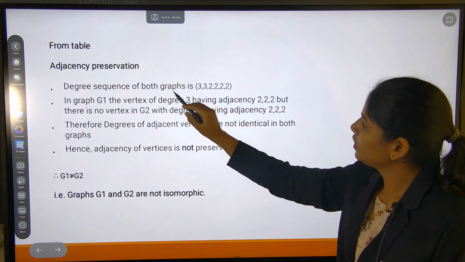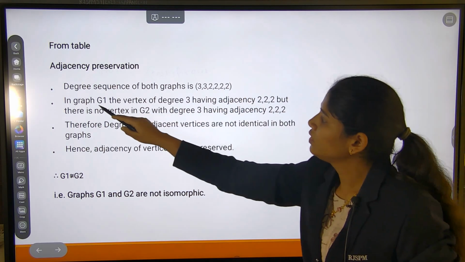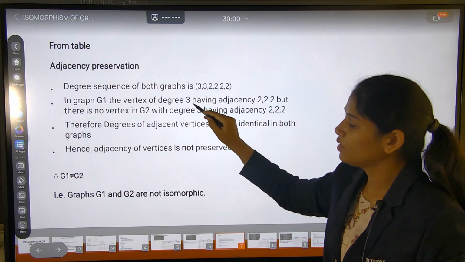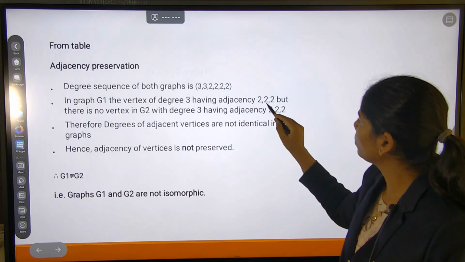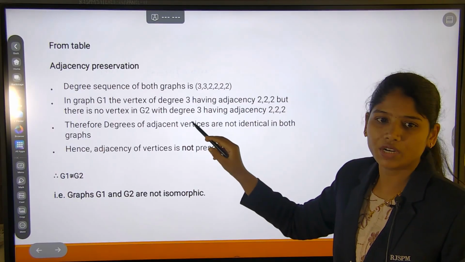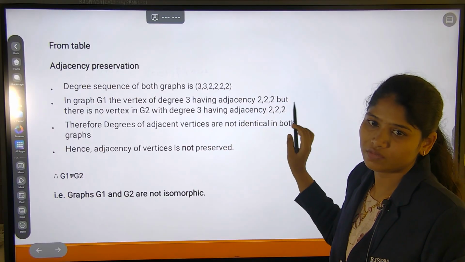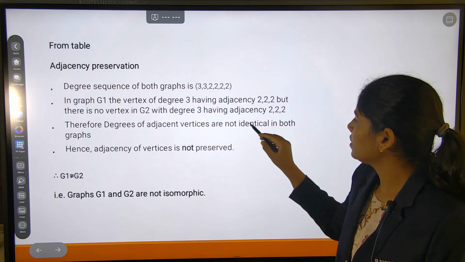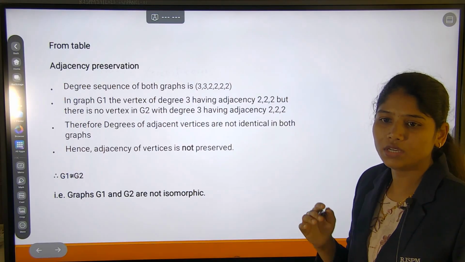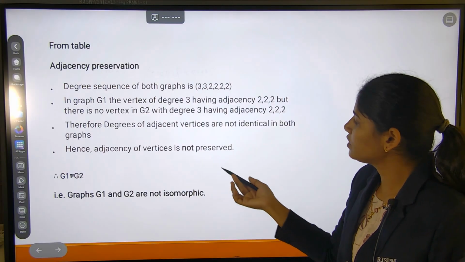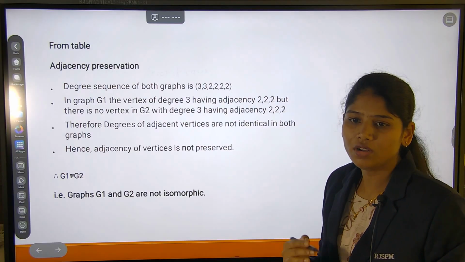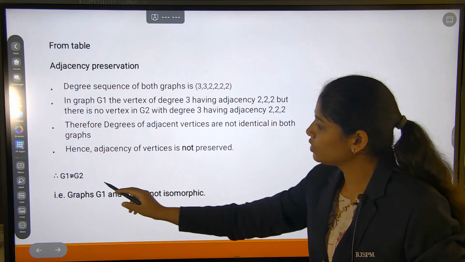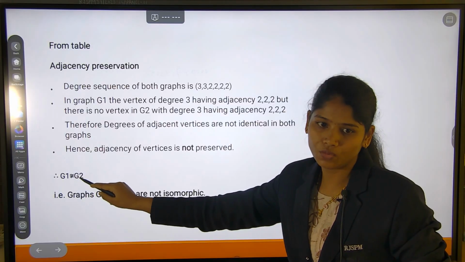Check here degree sequence written, then in graph G1 the vertex of degree 3 having adjacency 2, 2, 2, but there is no vertex in G2 having this adjacency. Therefore, degree of adjacent vertices are not identical in both graphs, hence the adjacency of vertices is not preserved. Therefore, G1 is not isomorphic to G2. Okay?